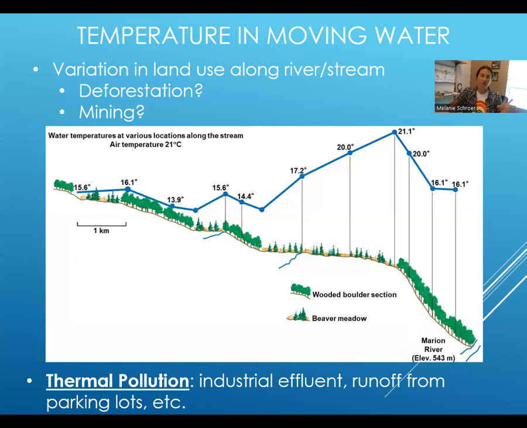And any type of what is called thermal pollution, so industrial effluent: waters taken from the river, used to cool engines as they are manufacturing paper or whatever, and then released back into the river farther downstream, only this time they're really warm waters. Runoff from parking lots, of course, that water is really hot in comparison to what it is coming out of the sky. And so any type of human activity that is directly increasing the water temperature.